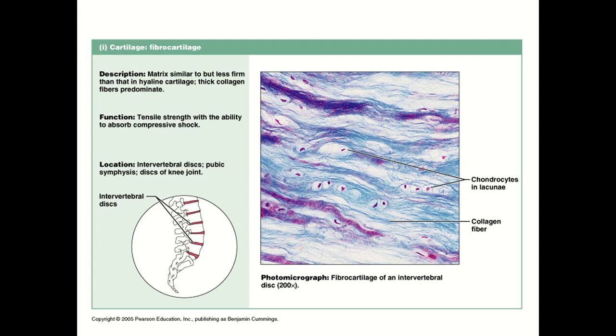However, it is less firm compared to hyaline cartilage, and it has thick collagen fibers that predominate the structure. Its function: it has tensile strength with the ability to absorb compressive shock. You can find it in your intervertebral discs at your backbone, in the pubic symphysis, and also in the discs of your knee joint.